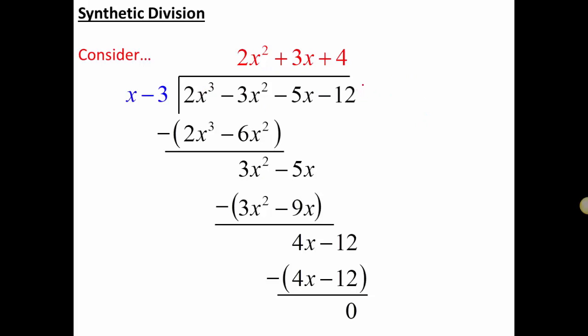What you can do is think of these variable terms, the x cubed, the x squared, the x, and so on, as a place value system. What this is like saying is, this is my 1000 level, this is my 100 level, this is my 10 level, and this is my ones place. As long as I list the terms in the right order, then the variables themselves don't need to be there.